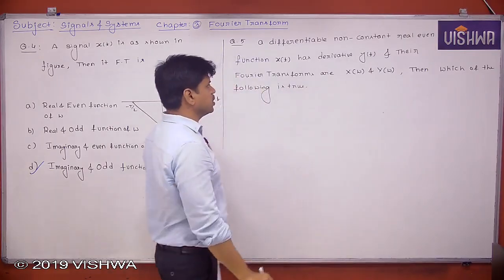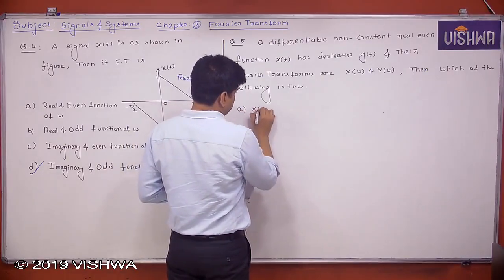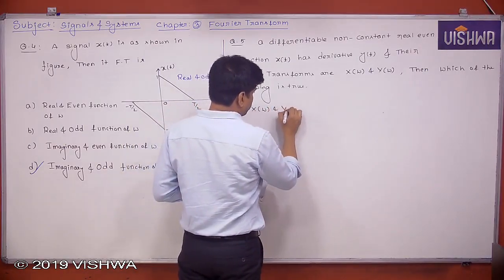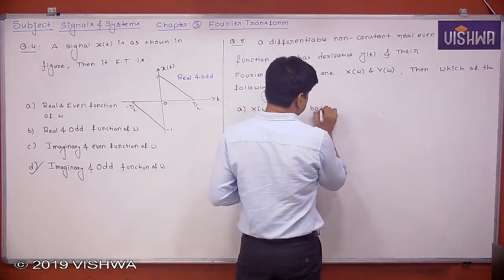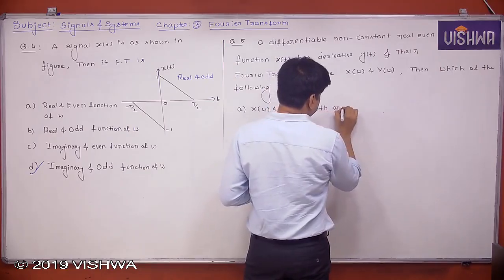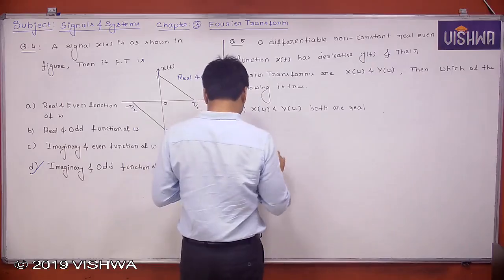Which of the following is true? Options: Option A: X of omega and Y of omega both are real.